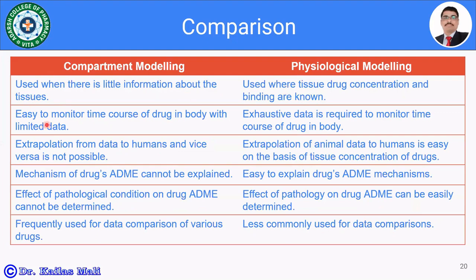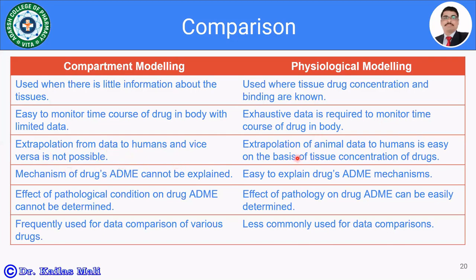In the case of compartment modeling, it is easy to monitor the time course of a drug in the body with limited data. In the case of physiological modeling, exhaustive data is required to monitor the time course of a drug in the body. In compartmental modeling, extrapolation from data to humans and vice versa is not possible.